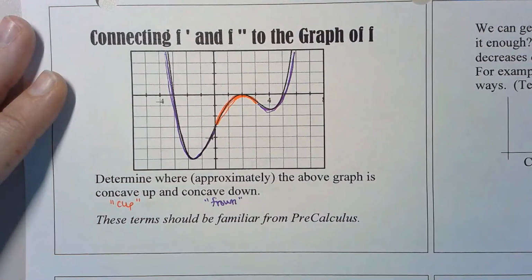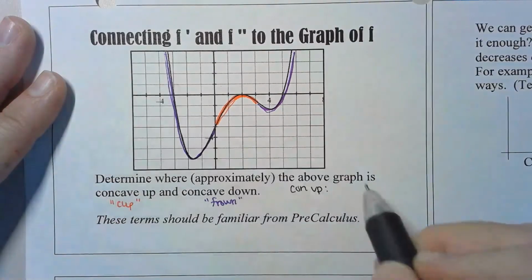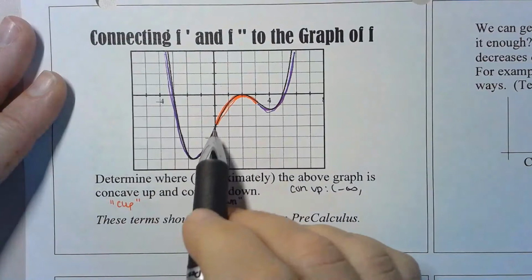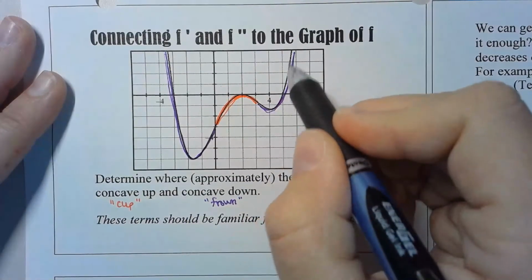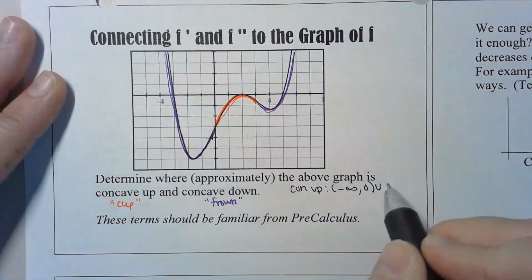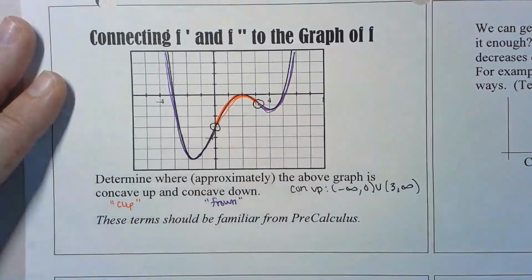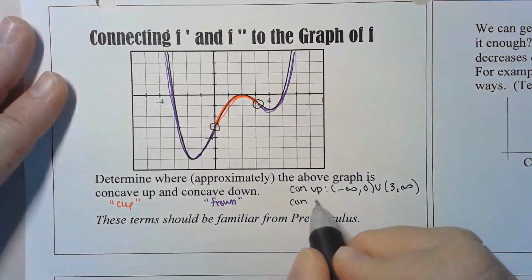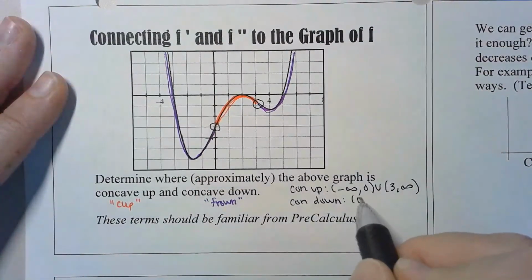I apologize. But the idea is it looks like we are concave up from, these are intervals, so x values, from negative infinity until about 0. And then, let's just call that 3, it looks like it changes somewhere in there, 3-ish to infinity, which means we are concave down from 0 to 3.